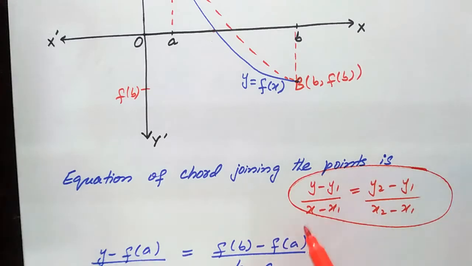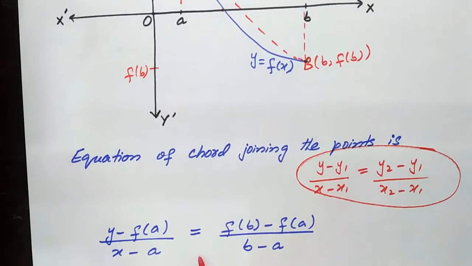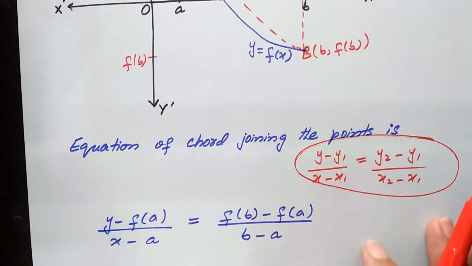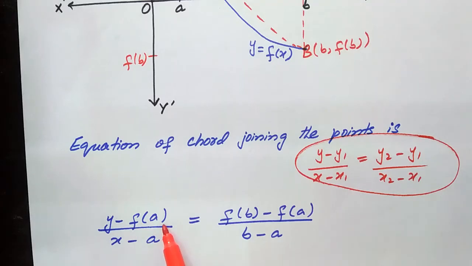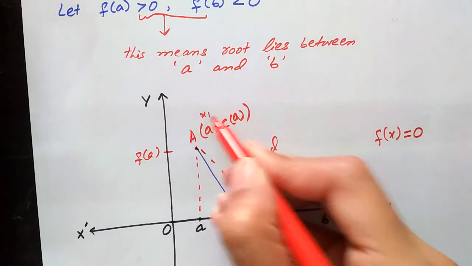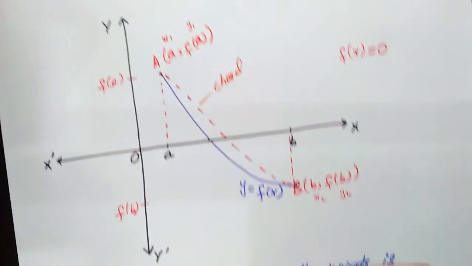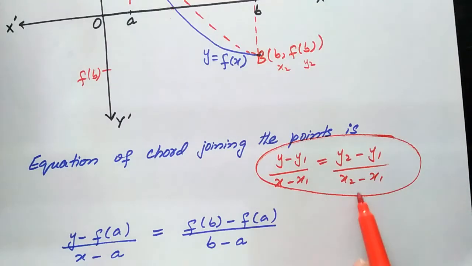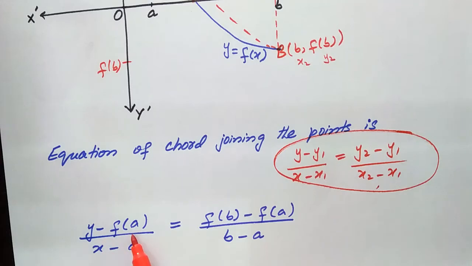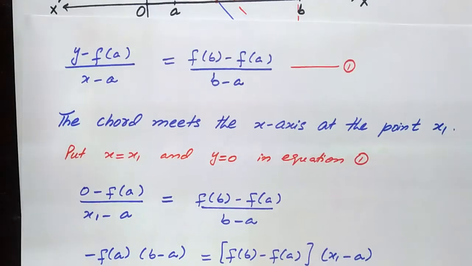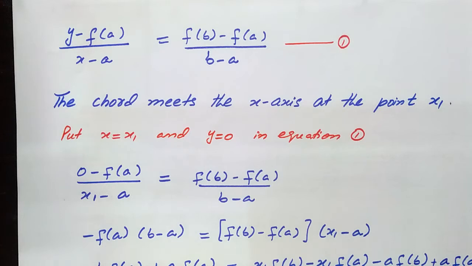The equation for this chord will become (y minus f(a)) over (x minus a), where these are x1, y1, and these are x2, y2. Replacing these values in the general equation, I get (y minus f(a)) over (x minus a) equals (f(b) minus f(a)) over (b minus a). Name this equation 1.